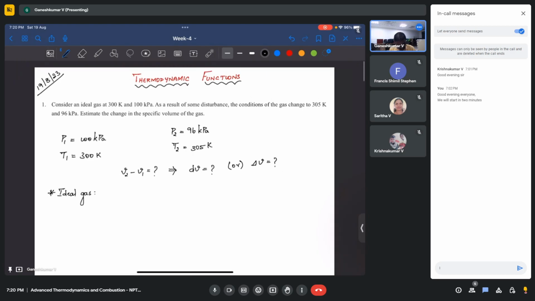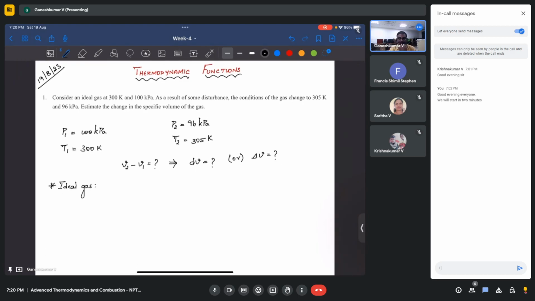How do we find it? There are actually two ways of finding it. One should be straightforward.